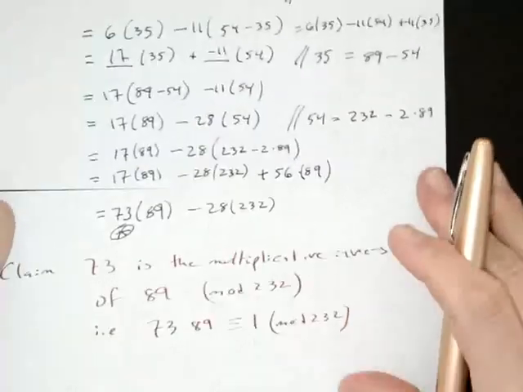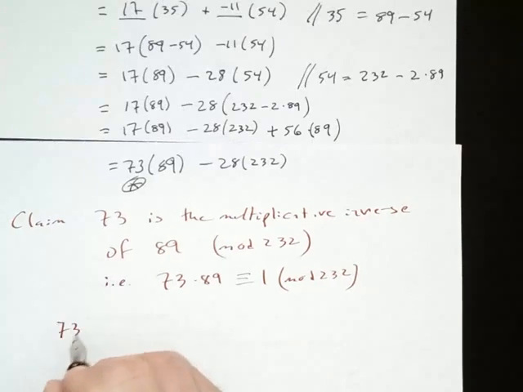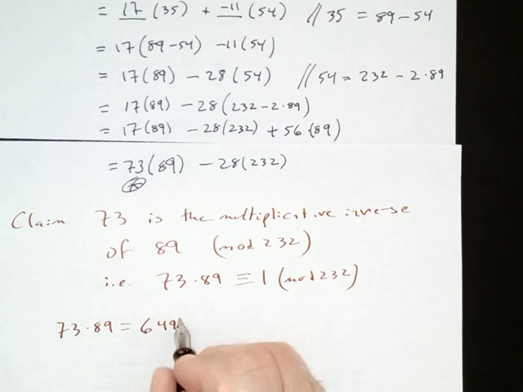So do me a favor, grab your calculators, and tell me, what's 73 times 89? Divide that by 232.